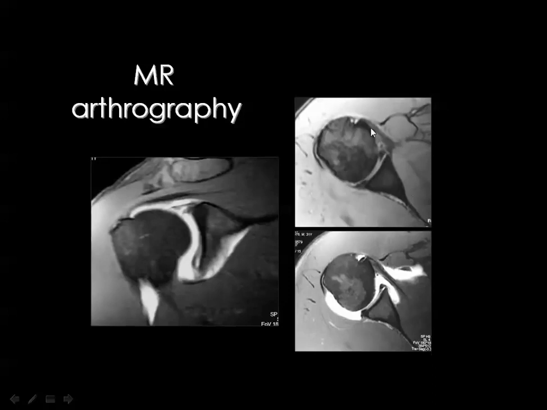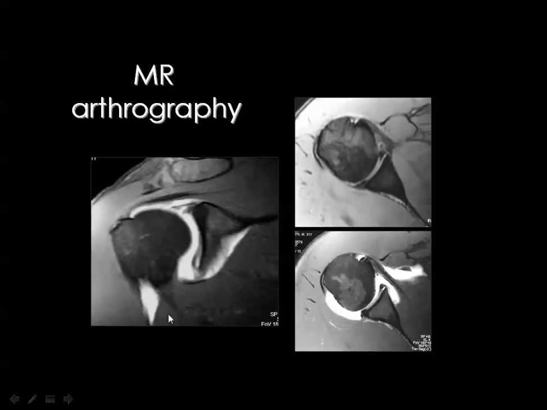And here you can see the subscapularis tendon, the anterior labrum, posterior labrum, infraspinatus, and so on. But if you inject contrast, you can see how clear the image is. This is the subscapularis tendon, and here you see the biceps tendon in the groove, and also you can see the anterior and posterior labra quite clear.